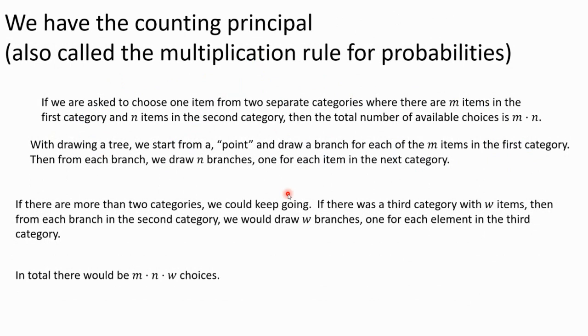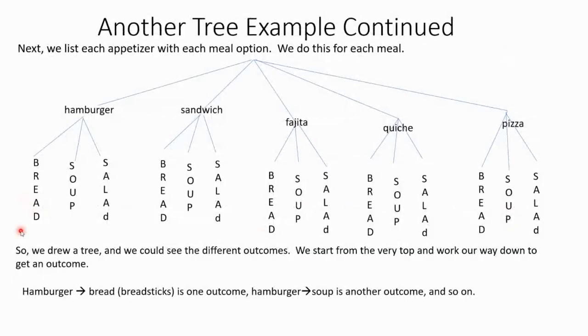It's kind of like what we did with the tree. And you could actually generalize this to more than 2 categories, way more than 2. If you had a third category to pick from as well, and if there are w items there, then the total number of choices would be m times n times w. You would draw w branches for each item in the second category.